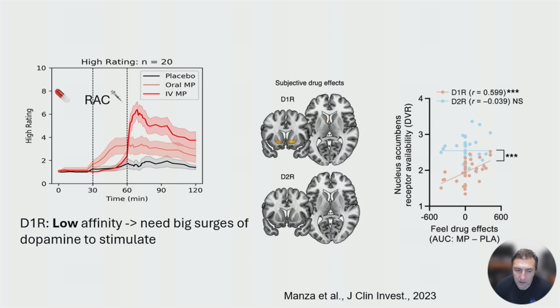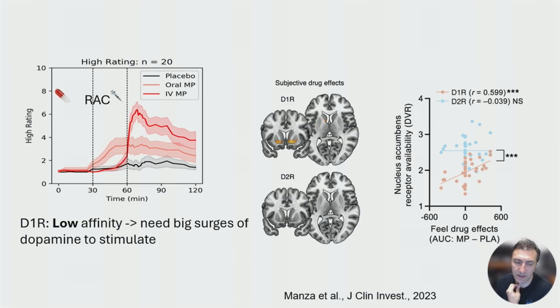As he predicted, there were higher ratings of high for the IV methylphenidate, and he then asked the question: why are high and IV methylphenidate subjective high ratings so related?